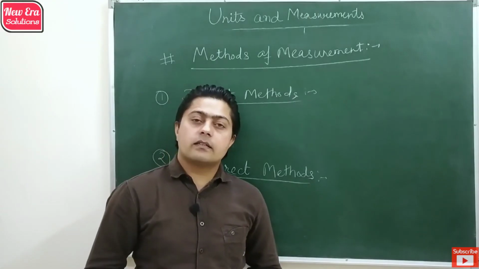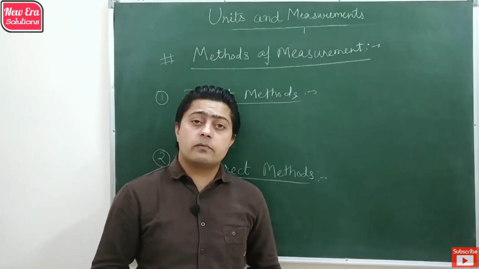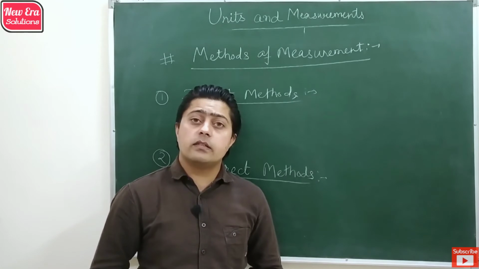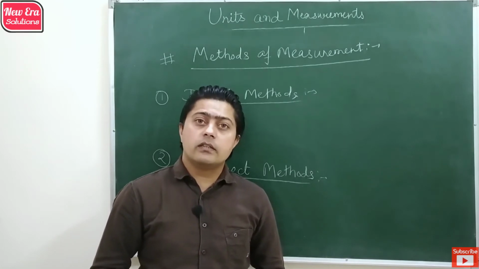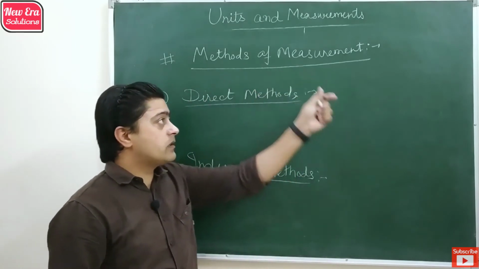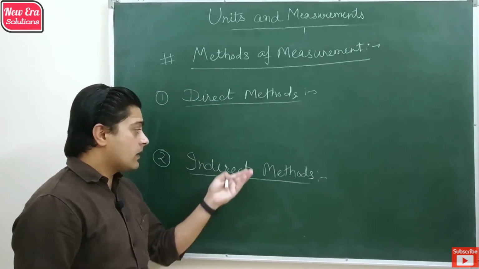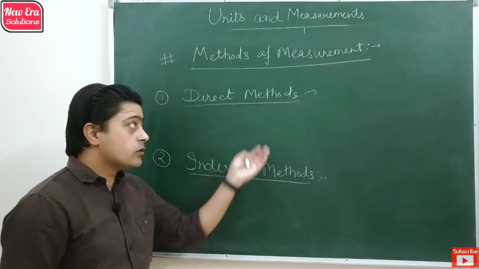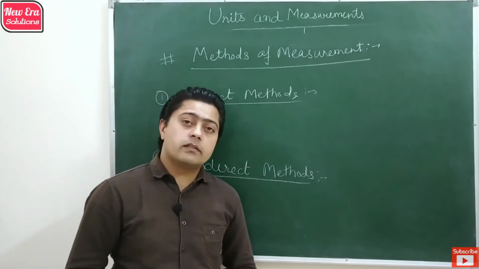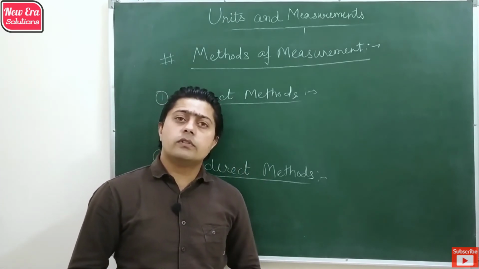So now let's discuss the various types of methods which we use to measure any physical quantity. The methods of measurement are categorized in two parts: one is the direct method, another is the indirect method. Direct methods are those in which we use a device to measure that physical quantity.